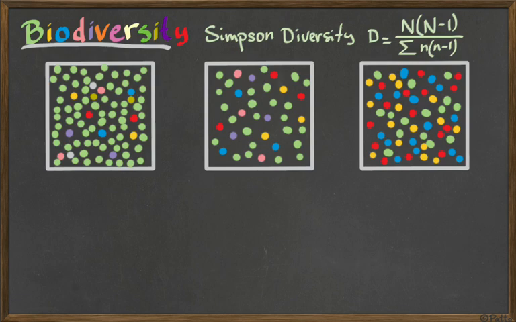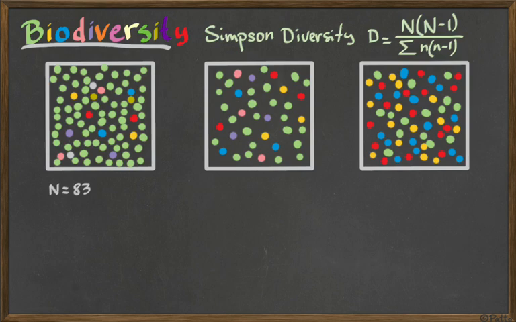Basically, D for diversity equals the total number of individuals in a place, big N, times the total number of individuals minus 1, divided by the sum of each species' total number of individuals, multiplied by that number minus 1. So for that, we need to know how many individuals there are.